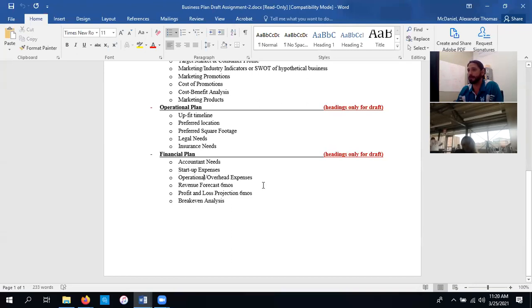Operational cost, overhead expenses. This is like your day-to-day costs, your expenses. So this is rent. You get that from these two things. This is utilities. Just think about everything you pay for yourself at your own house, right? There's water, sewer, utilities. So come up with an about average for that.